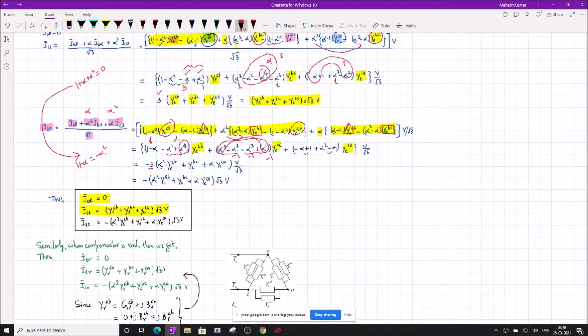Okay, and the third one is the YLCA coefficient. Here it is minus alpha plus 1 plus alpha square minus alpha. So you can see it here, this is minus alpha, this is minus alpha. So minus 2 alpha. And this becomes minus alpha, another minus alpha, so minus alpha more.